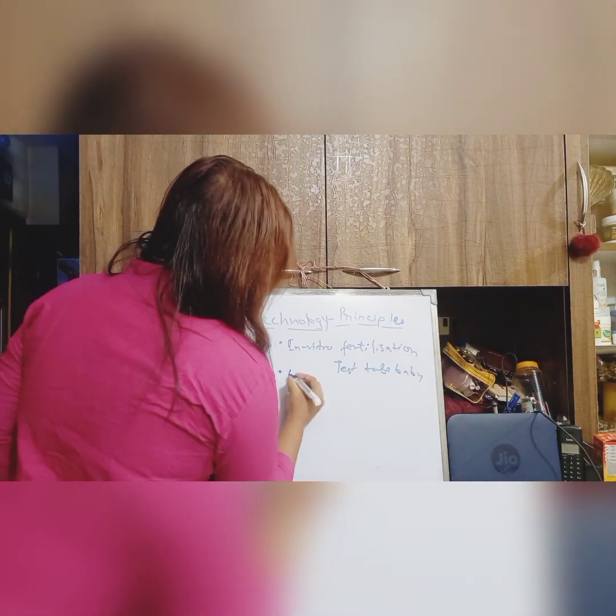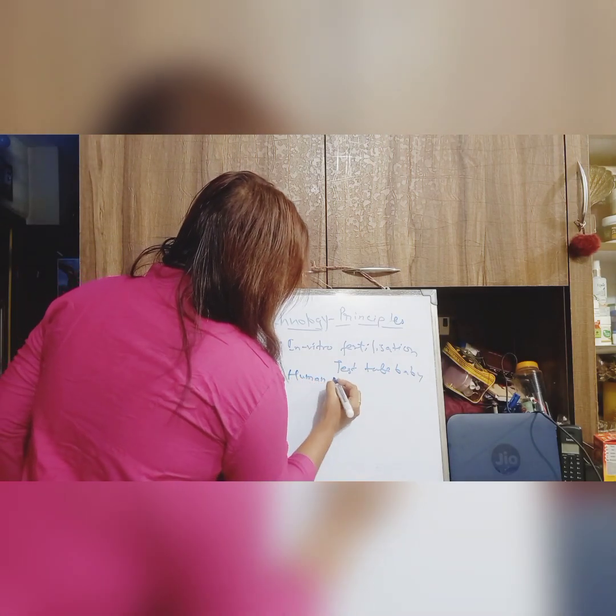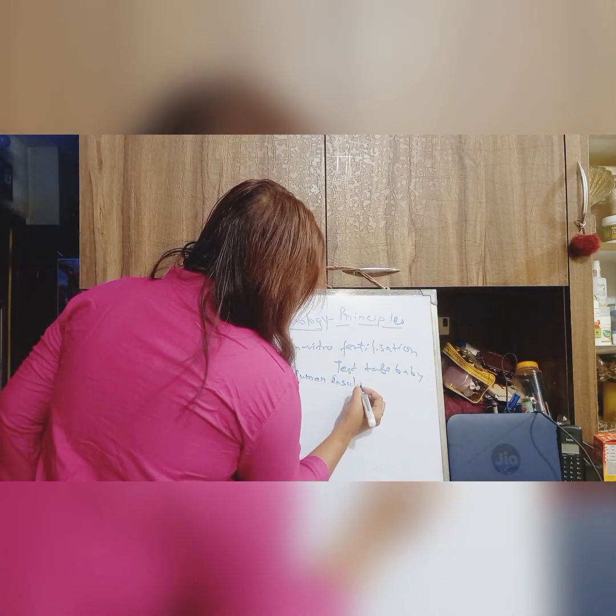We inject them with human insulin so that they are able to balance the levels of insulin in their body. So, the second example is human insulin or humulin.